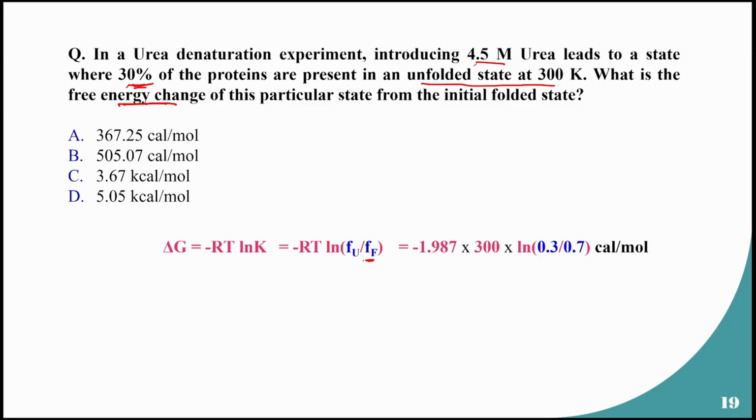There could be confusing options to choose between, like calorie per mole or kcal per mole, because they look very similar but are different values. So in this case, we can find a value of 505.07 kcal per mole. Remember this formula: delta G equals minus RT ln K.